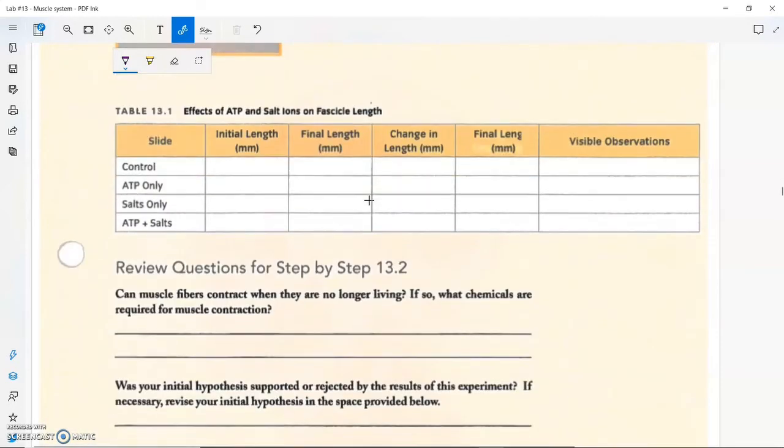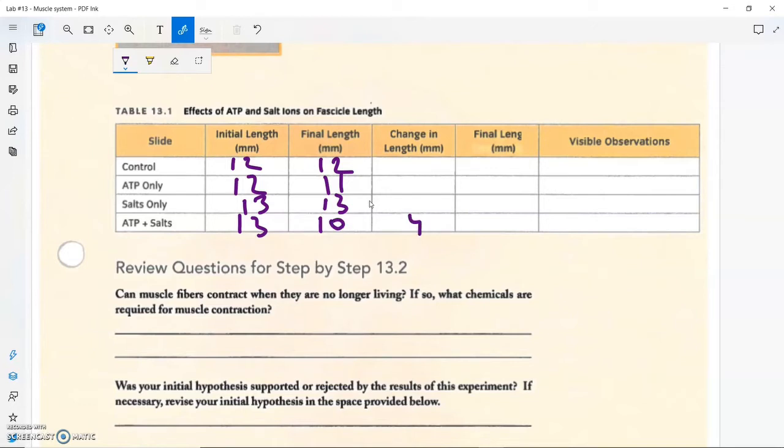So in the end, let's say you have 12 millimeters and 12 millimeters here. So no change. ATP, we would say, have 12 and 11. With salts, we would have 13 and 13. And with ATP plus salts, 13 and 10.